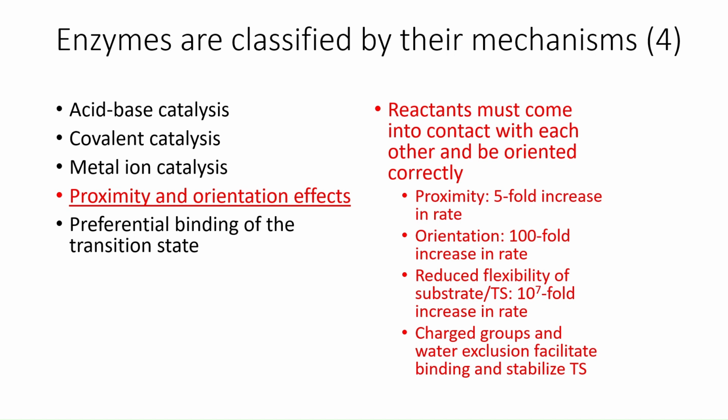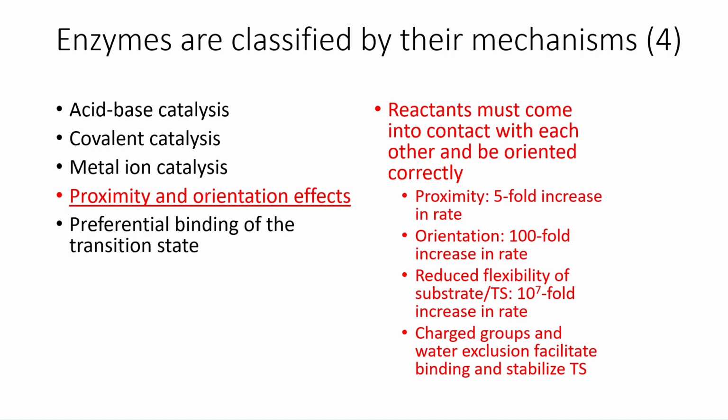And so enzymes that help to increase proximity of reactants can result in a 5-fold increase in the reaction rate. Enzymes that help to orient the reactants with each other can help up to 100-fold increase in rate. And then enzymes that cause reduced flexibility of the substrate or the transition state can result in up to a 10 to the 7th-fold increase in rate.